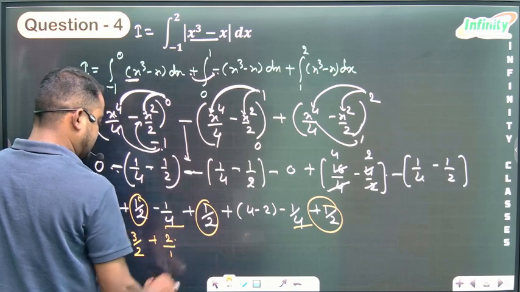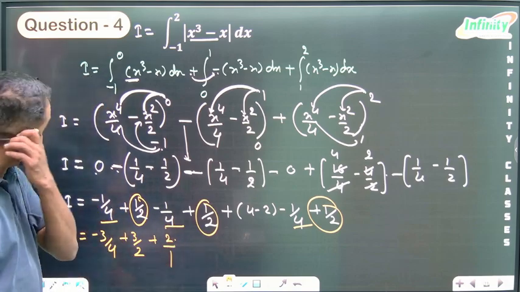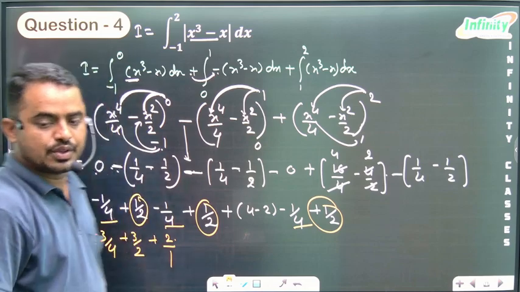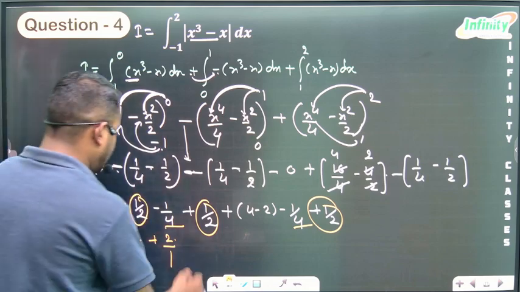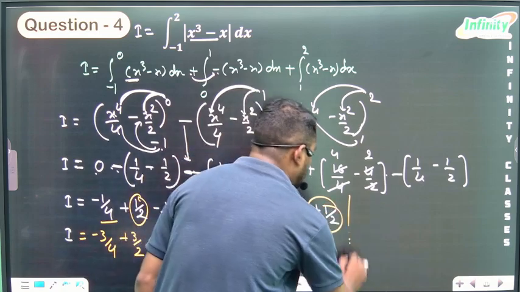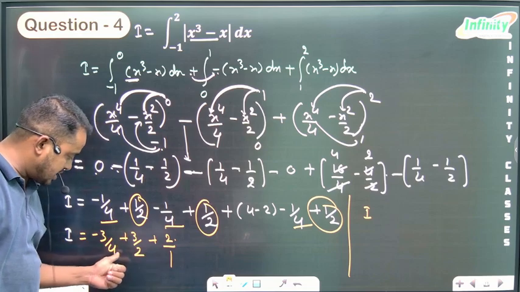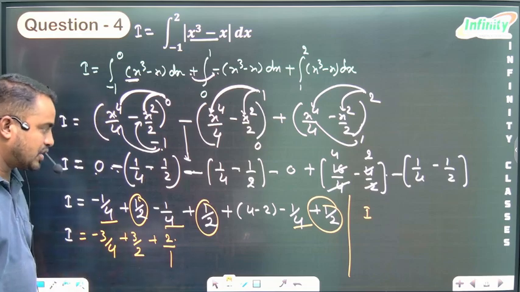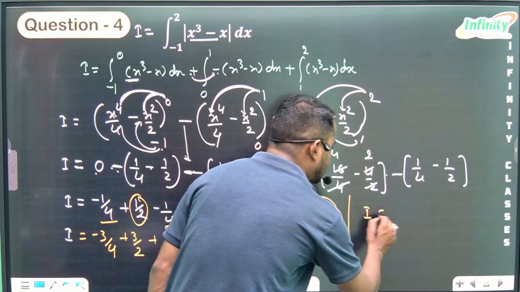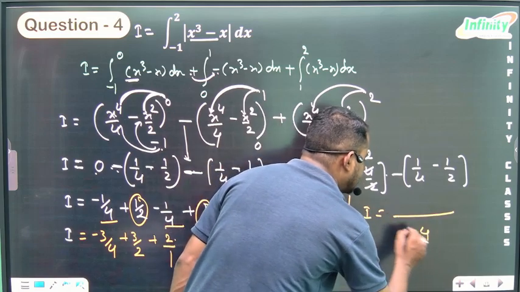What is the LCM here? 4, 2, 1. The LCM is 4. So I is equal to, with 4 as the LCM.